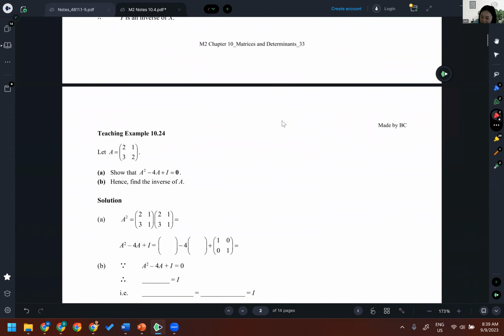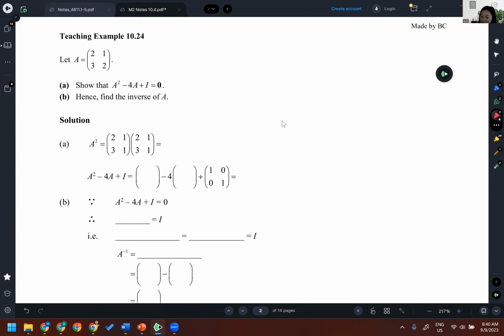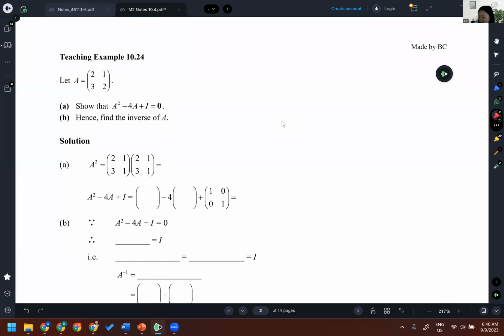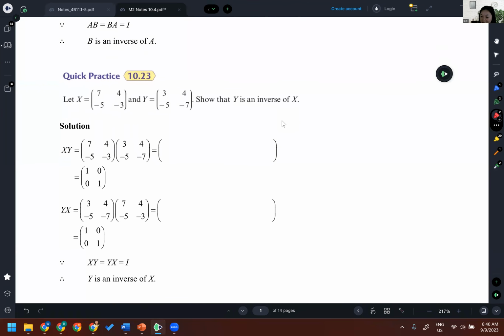Now the next question, I think it's a better way of finding the inverse, although it's heavily based on the given condition. You see these questions, the quick example, quick practice, the inverse is given, you only have to verify.